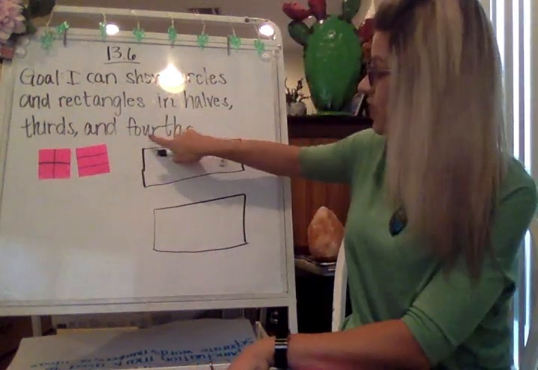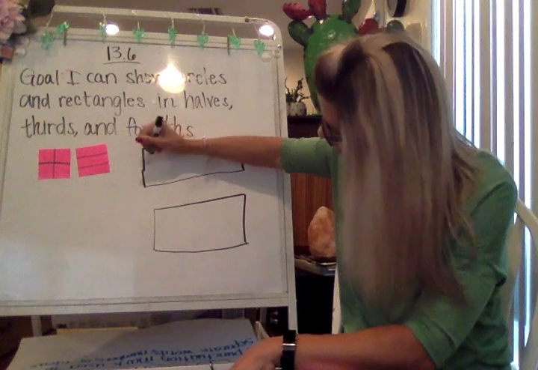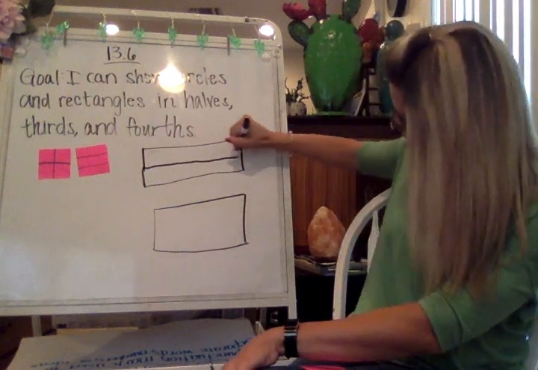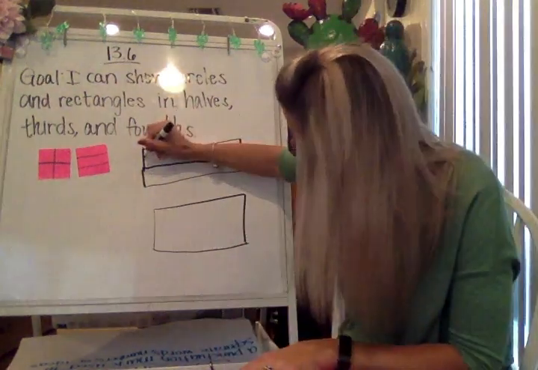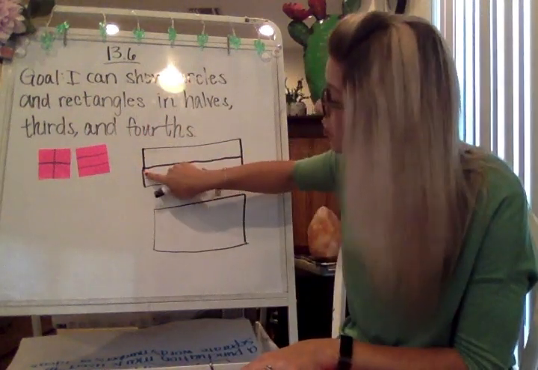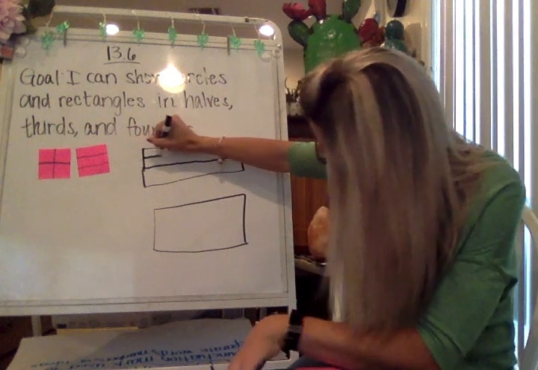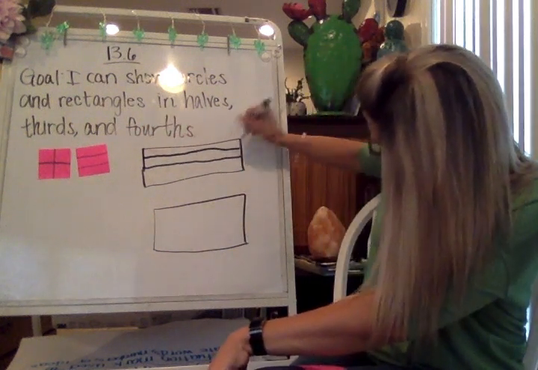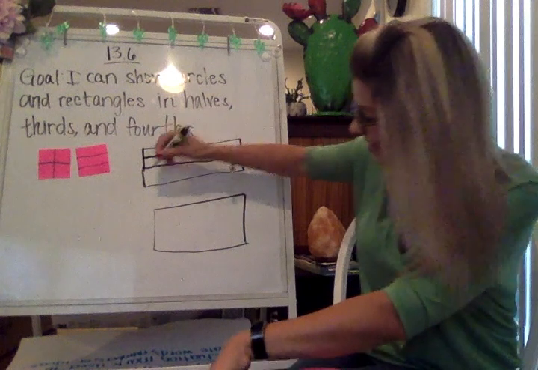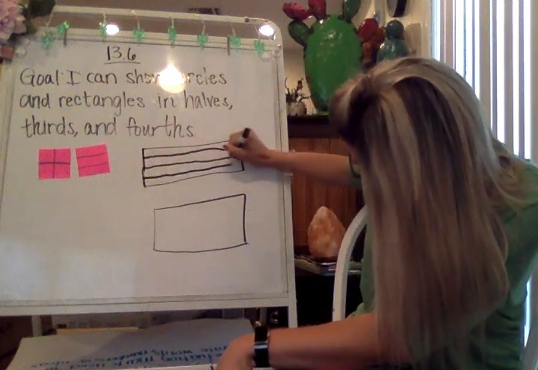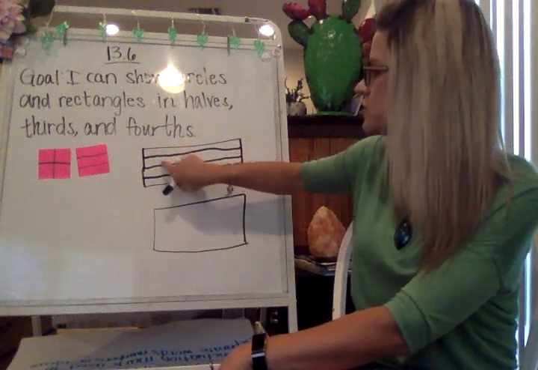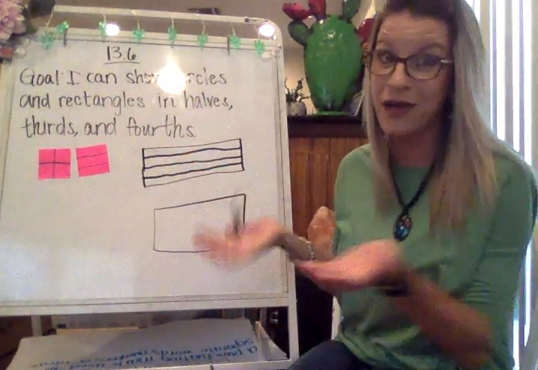The trick for doing fourths is to first cut that thing into halves and then cut the half in half, which makes fourths. So I found the middle spot here, and I'm going to cut this middle spot here. Eek. That's a little bit of a crooked line, but you know what? I know that I did my best to try, so it's okay. Here are 1, 2, 3, 4 about equal pieces.